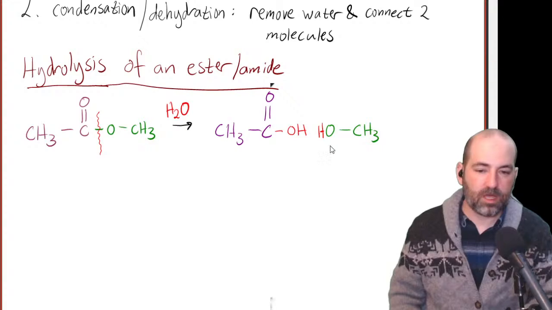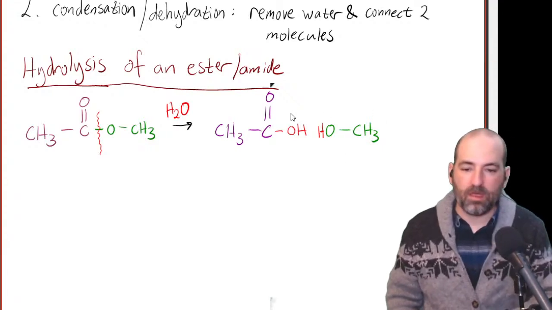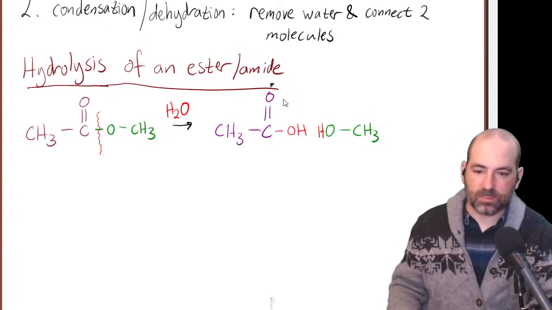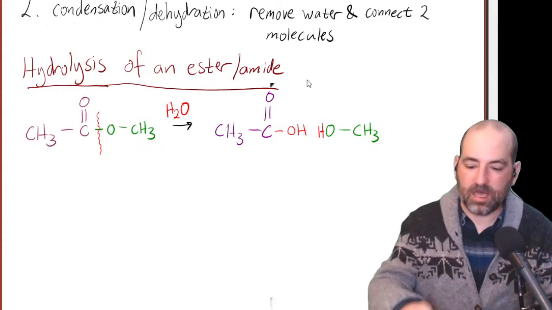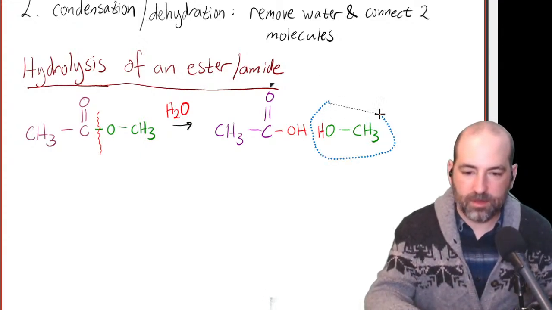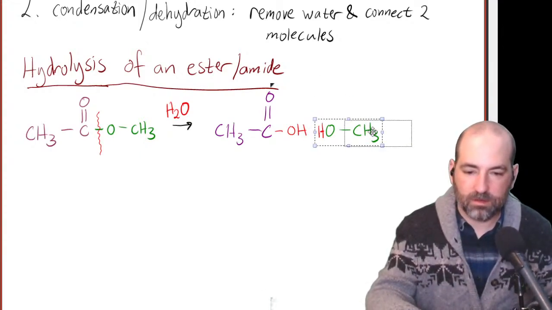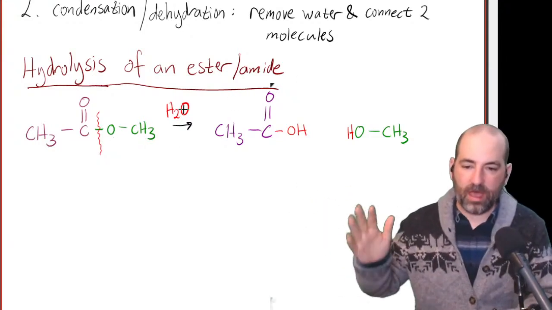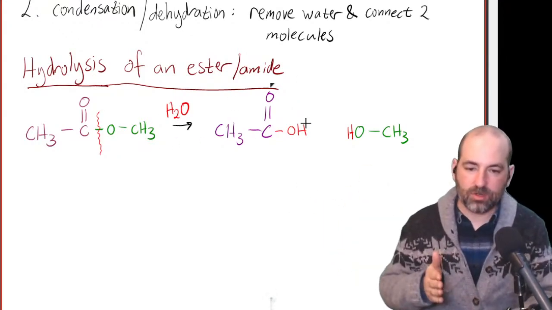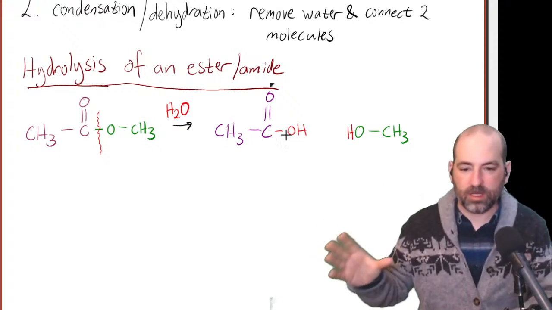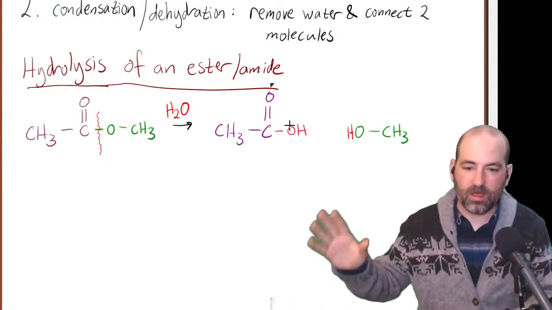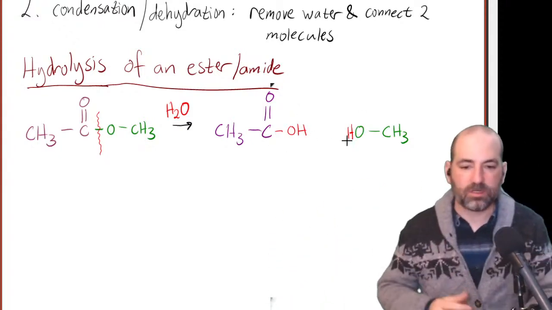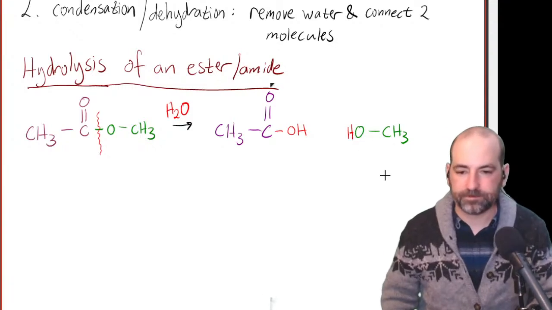We have CH3OH, which is an alcohol, and we have this, which is a carboxylic acid, acetic acid. I'm going to separate these a little bit so you can see it better. So we have 1 molecule on the left. We add water, we break it in 2, and then part of the water, the OH, goes on the left with the carbon, and then the other H goes over here with the oxygen.